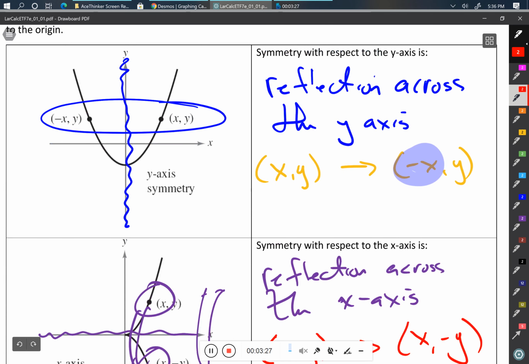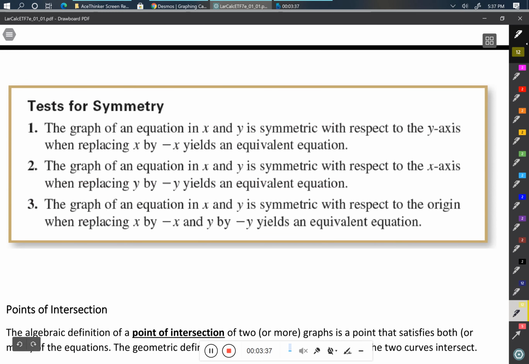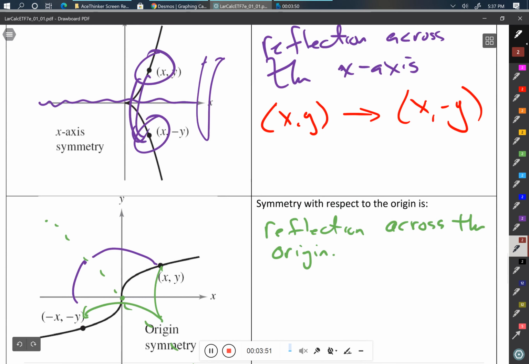The test for symmetry with respect to the x-axis is to do something similar, but to replace y's with negative y's and see if you get an equivalent expression, because y and negative y should both give you the same x value.